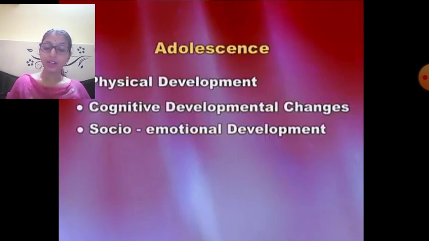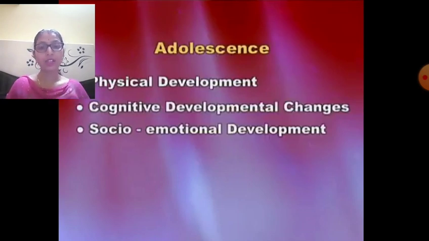In contrast to the trial and error approach used by children in the earlier stage of development, adolescents' thinking becomes more systematic in solving problems. So that means the thinking of the individual during adolescence is much more systematic and organized.